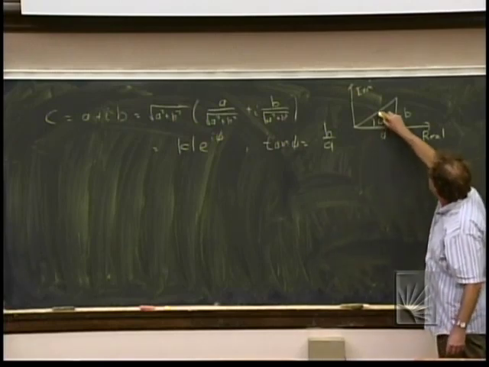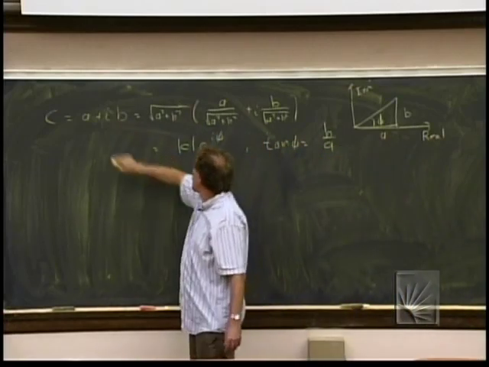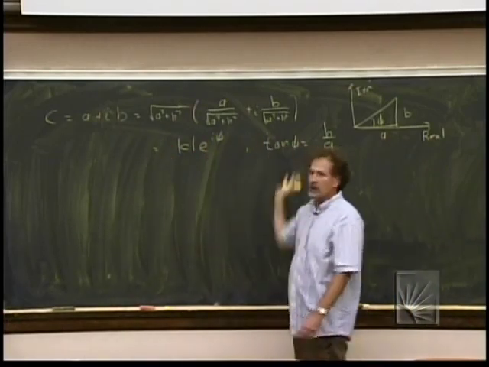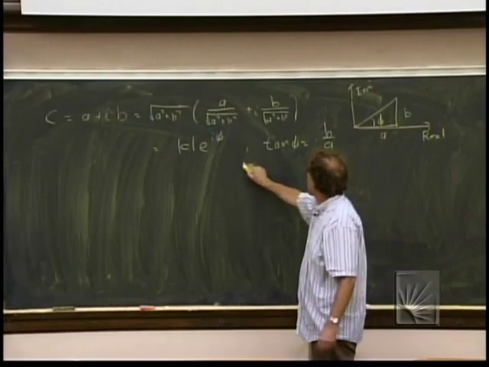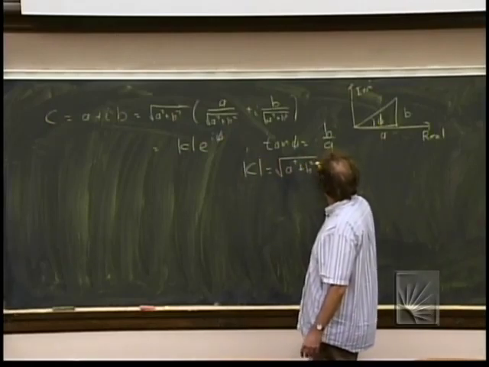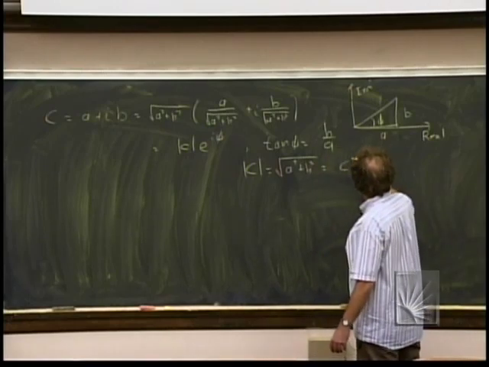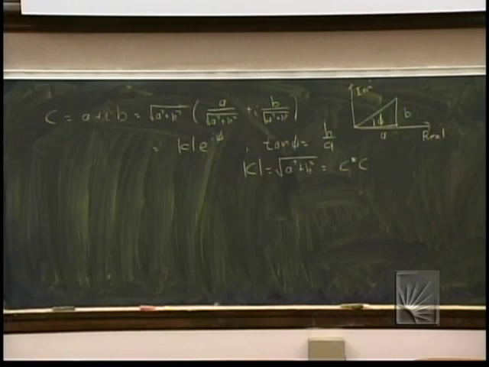And that's phi. So you should be able to think this way or that way. You should be able to go back and forth between them. You should know all those things, okay?